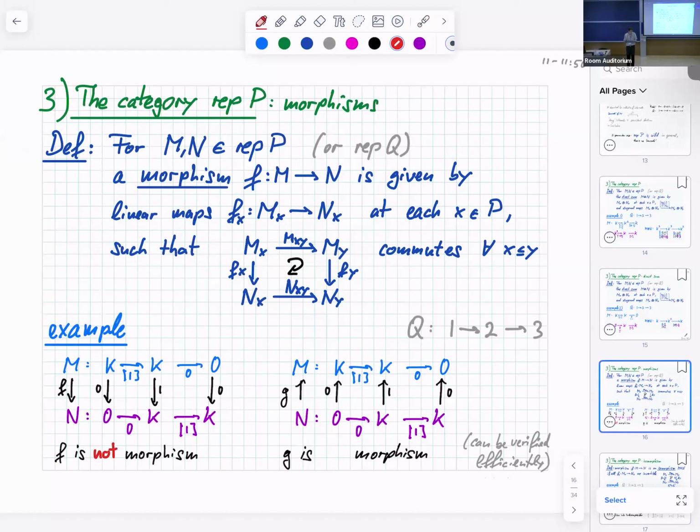It's not a morphism because if I start, say, here, then I go this way around, I factor through 0, so that composition will be 0. And if I go the other way around, I compose 1 with 1, so that composition will be 1. But 1 is not 0, so that does not commute. We do not have commutativity here, neither there. That is not a morphism.